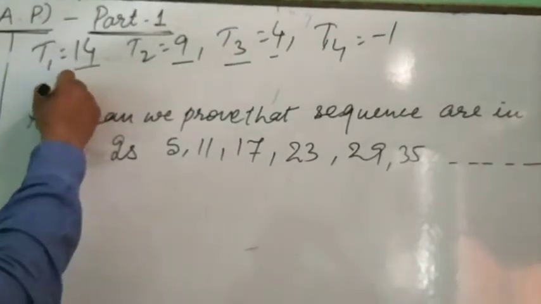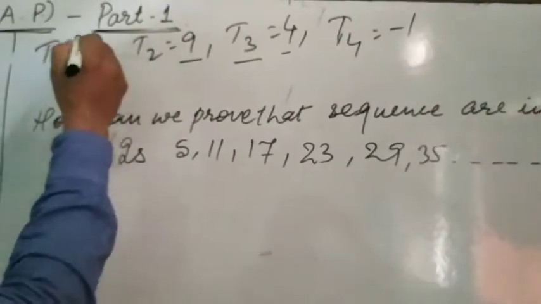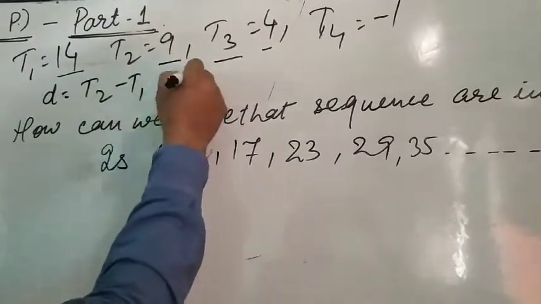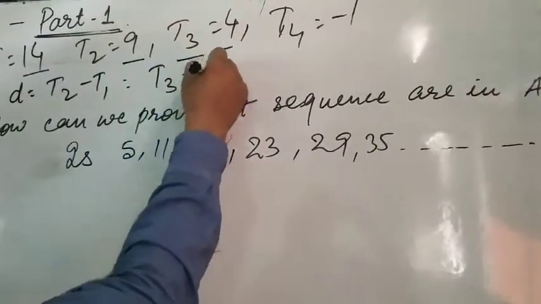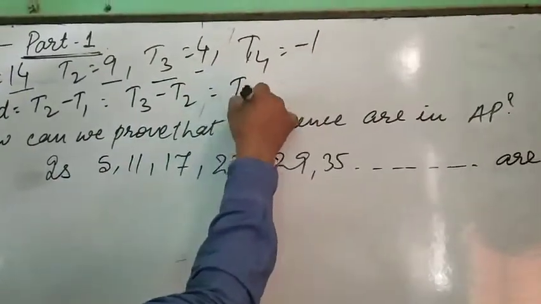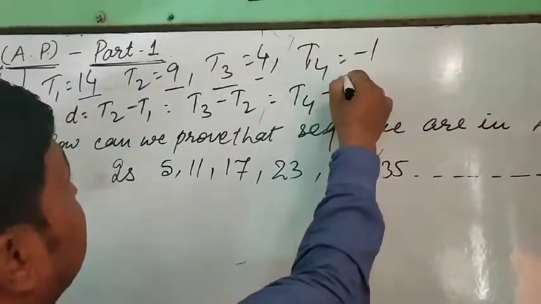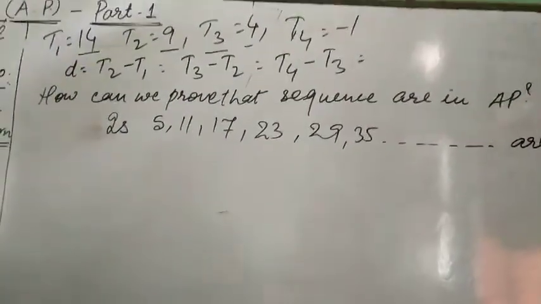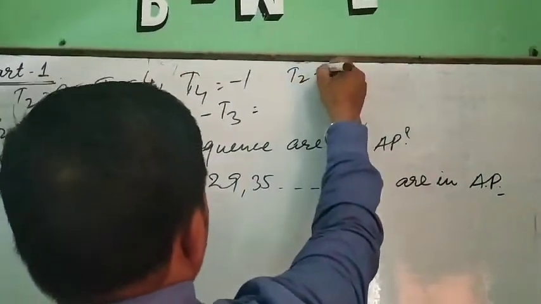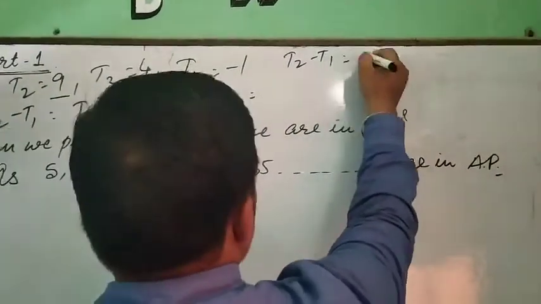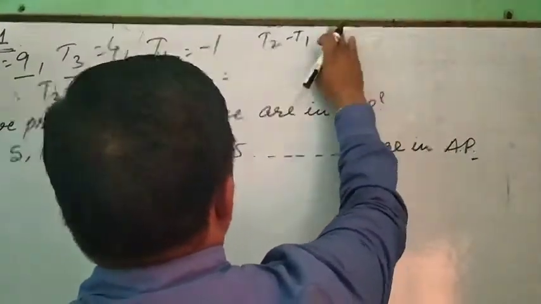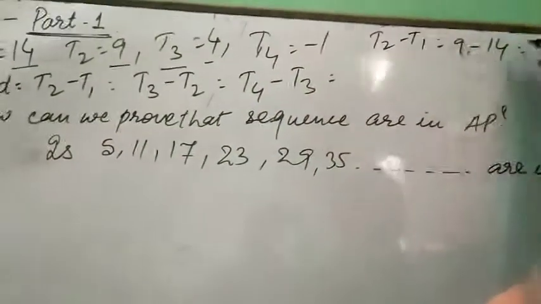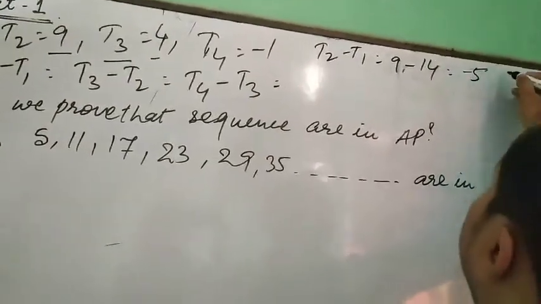T2 minus T1, or T3 minus T2, or T4 minus T3, are always equal. T2 minus T1: 9 minus 14, you got minus 5.